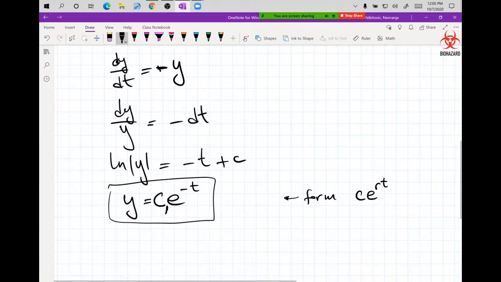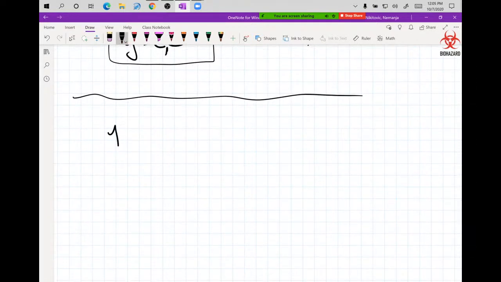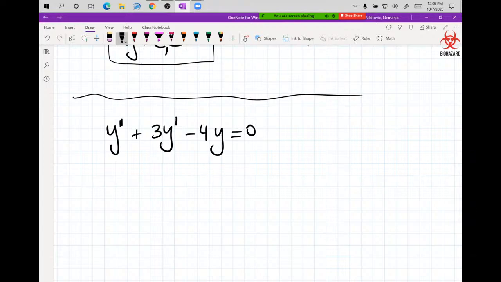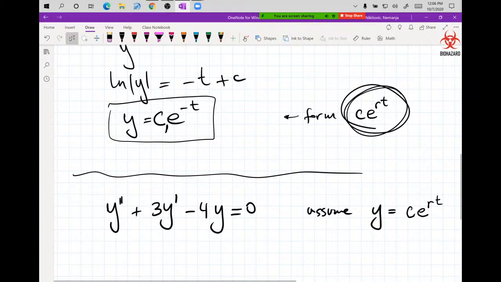So what is the method if I am to have, let's say, y double prime plus 3y prime minus 4y equal to 0? You assume that your solution y is equal to some c e to the rt, because that's what we got when we solved the first order.